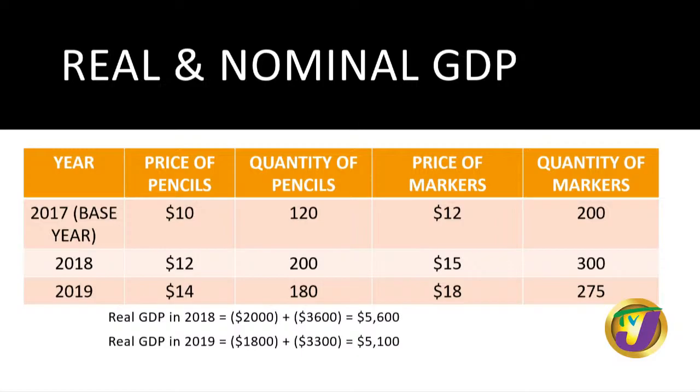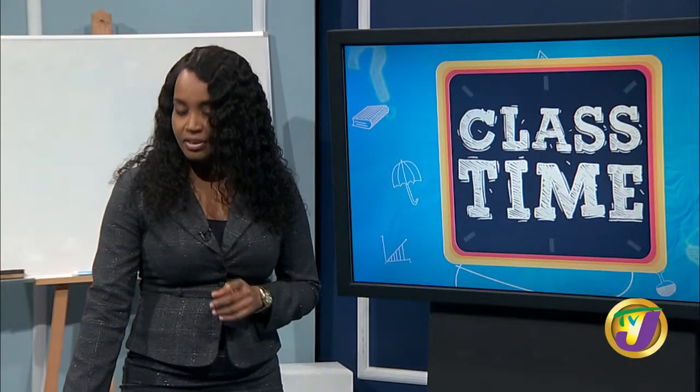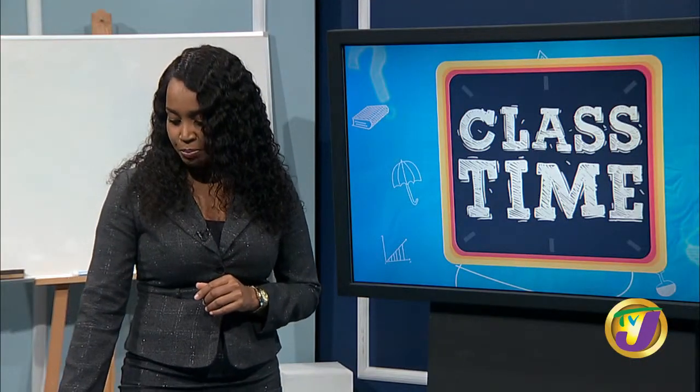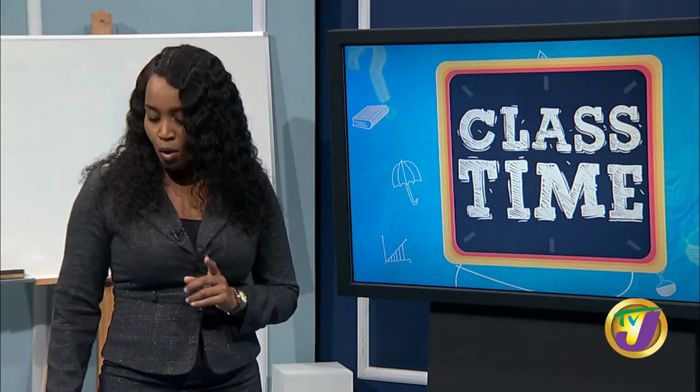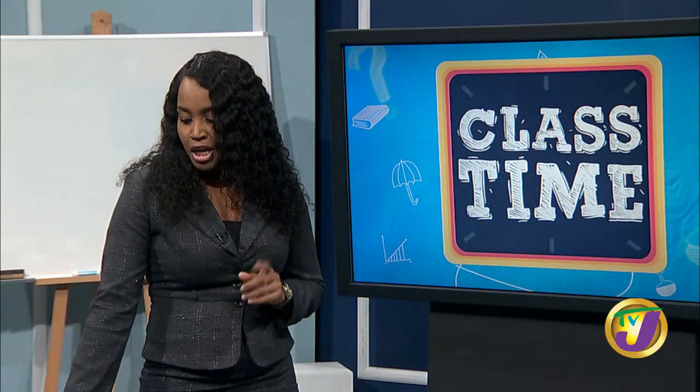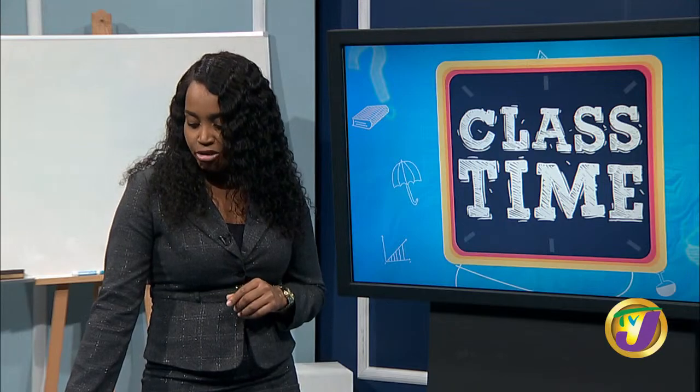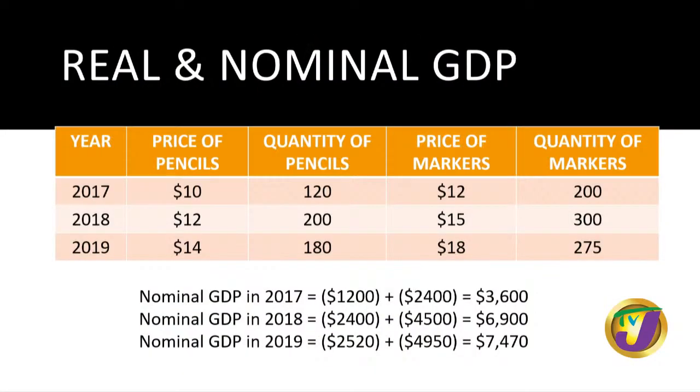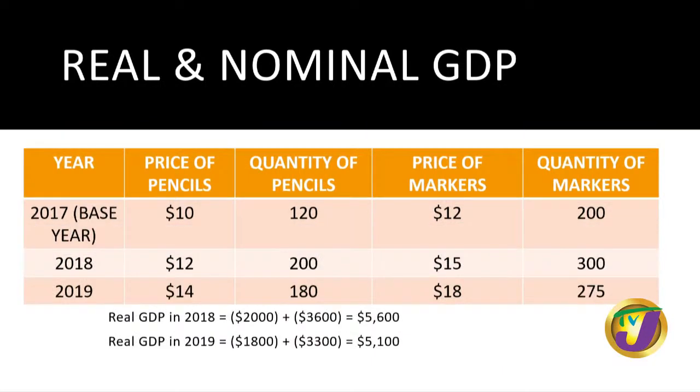We'll notice that the real GDP is different from the nominal GDP. So if we go back to 2018, nominal GDP was $6,900, and in 2019 it's $7,470. But when we look at real GDP in 2018 and 19, we'll notice that the figures are $5,600 and $5,100 respectively.